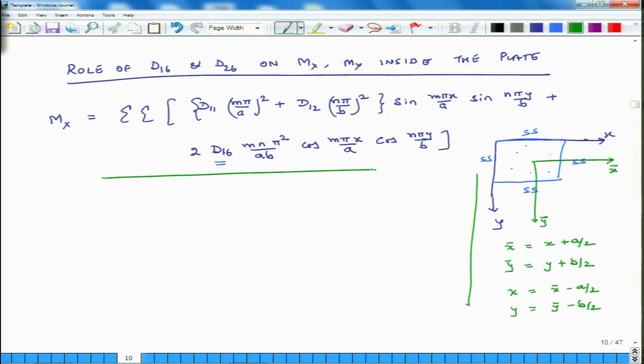All we have to do is plug this in. So, what does sin m pi x over a become?